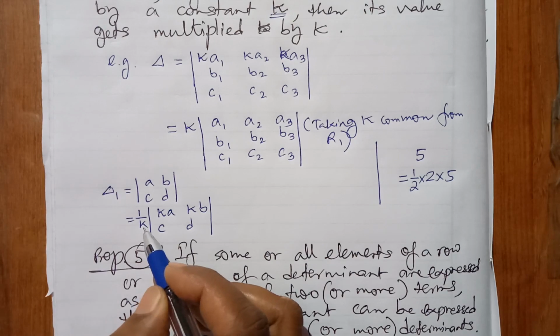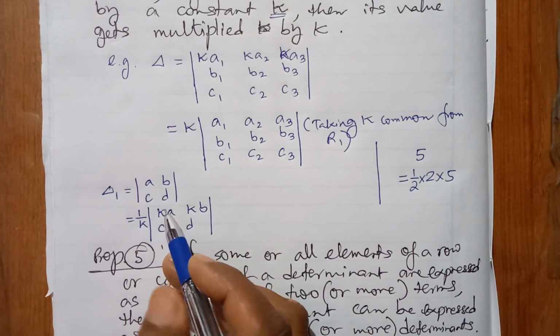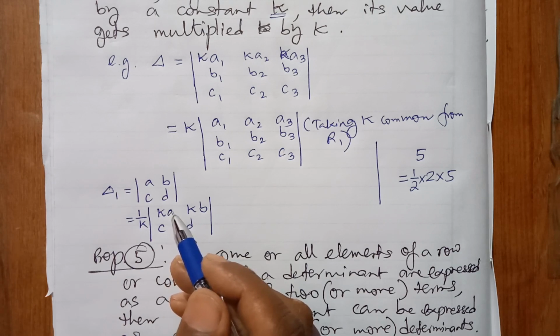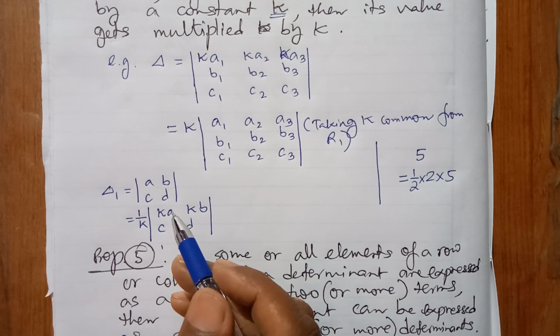So also you remember, in a matrix, when you multiply, you have to multiply each and every element of the whole matrix. But in a determinant it is not like that. In a determinant, if you are going to multiply by any constant, you are allowed to multiply only the elements of any single row, or only the elements of any single column. So this is the difference between matrix and determinant in case of multiplication.